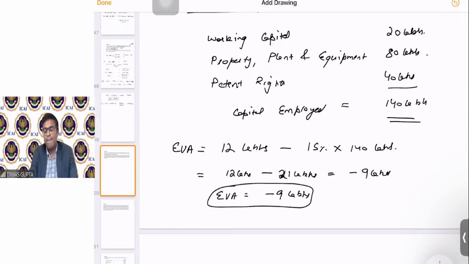So in a way, what we can say is that the business performance evaluation on account of EVA is throwing up a negative number. So either we need to optimize our capital structure or we need to generate more income to meet the expectation of the investors. Okay. So these are the action points that come out.